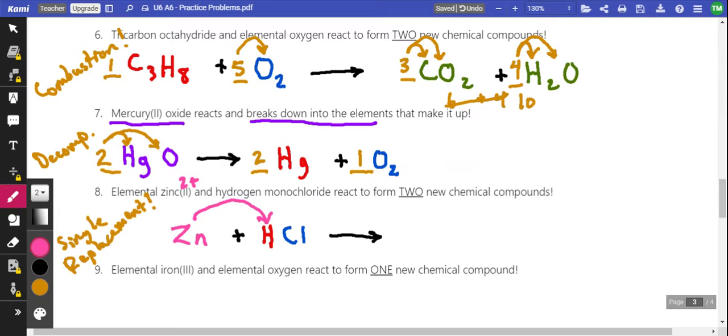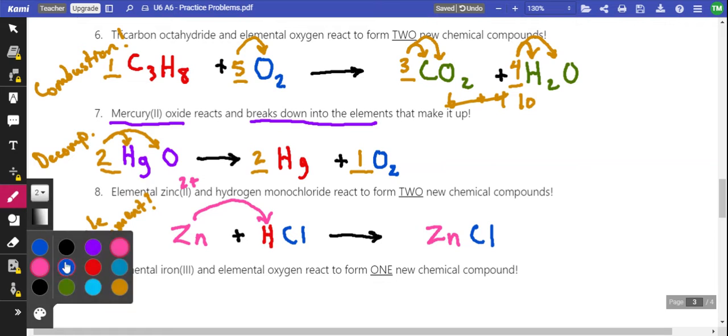All right, so I'm going to bump the hydrogen out. It's going to go away. So on the other side here, I'm going to be making zinc paired up with the chlorine. Okay, now this is an ionic compound. It's a metal and a nonmetal, so I have to make sure my charges cancel. What kind of charge does my zinc have in this case?